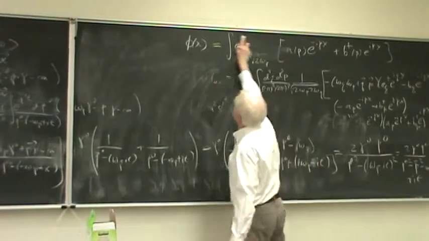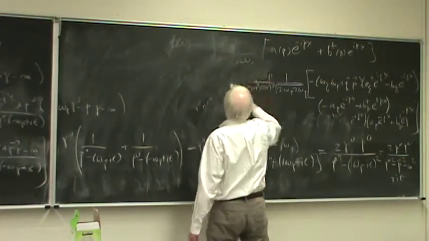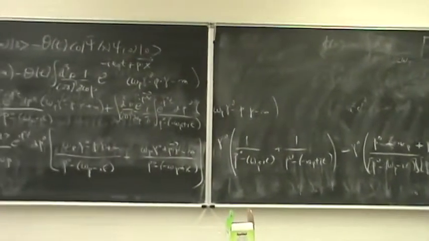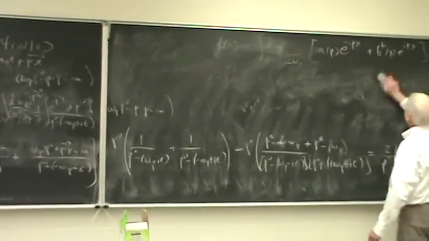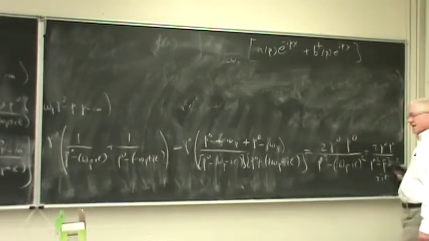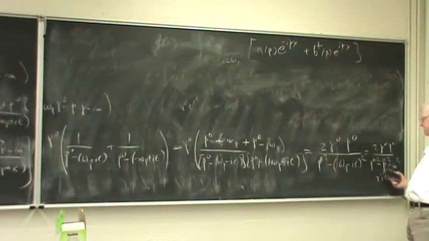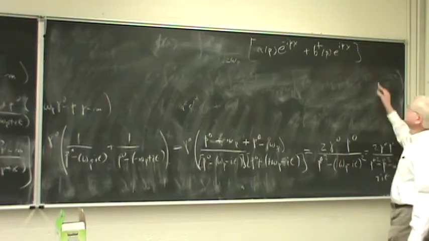And now there's the other term. And this is exactly what we want from this term, because it's γ⁰p₀ over the usual Feynman denominator.